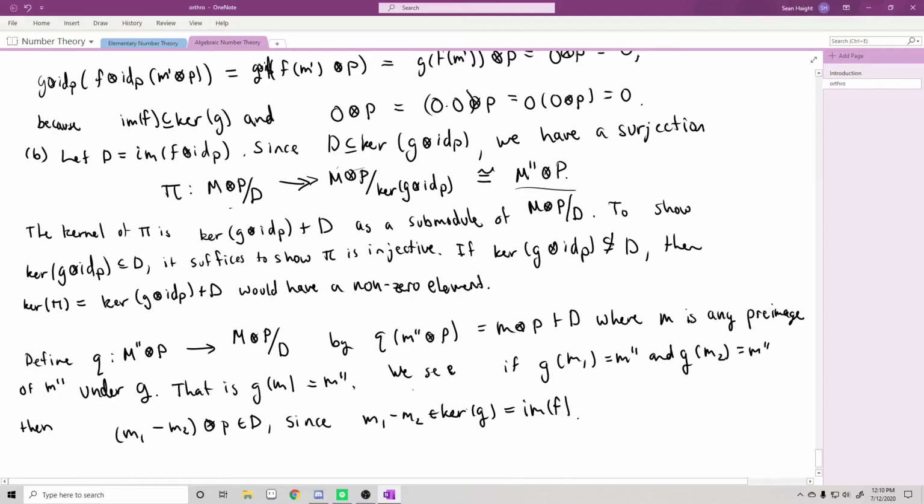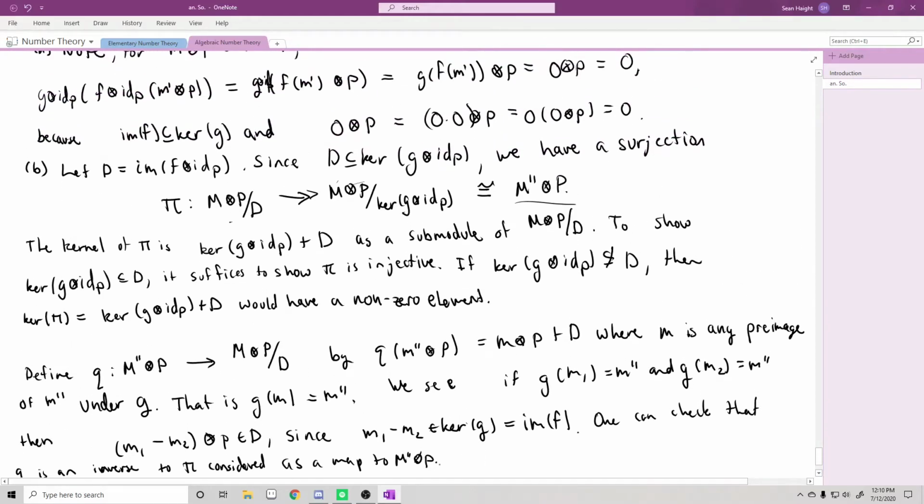So one can check that Q is inverse to pi considered as a map to this tensor product.